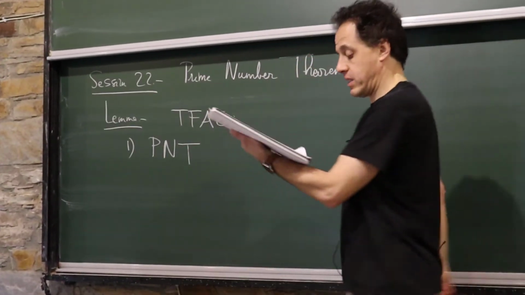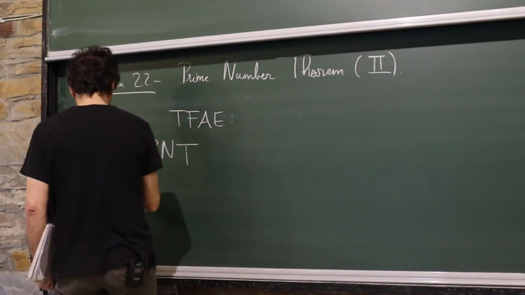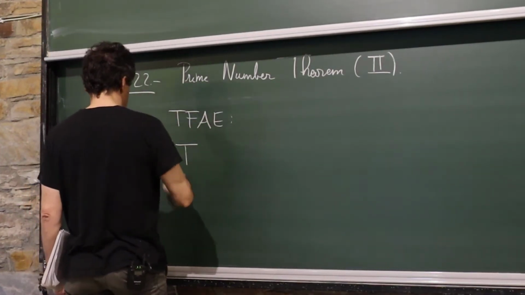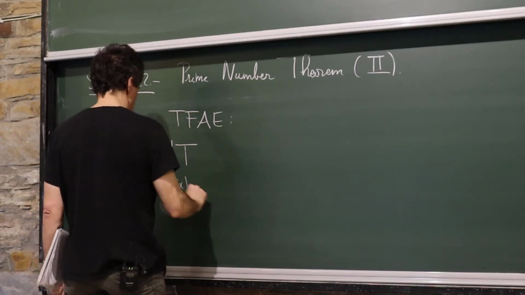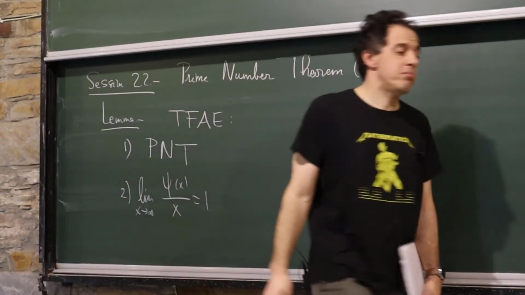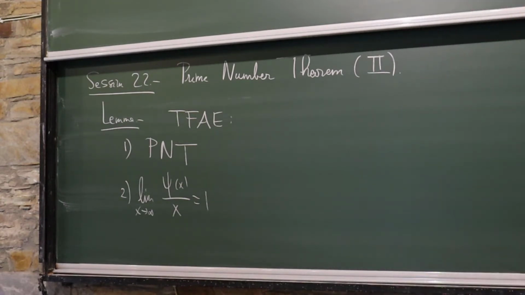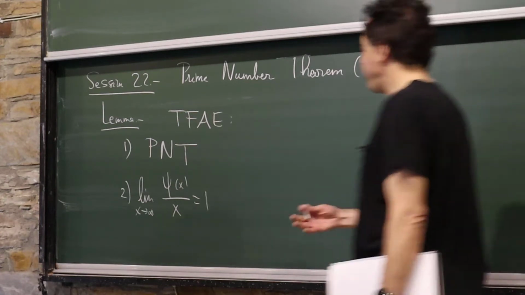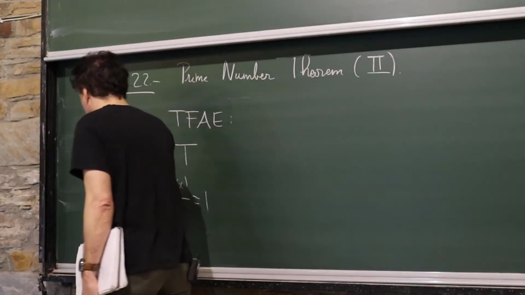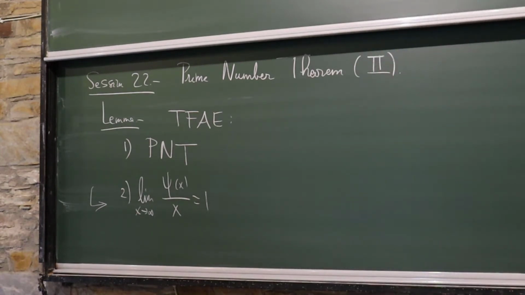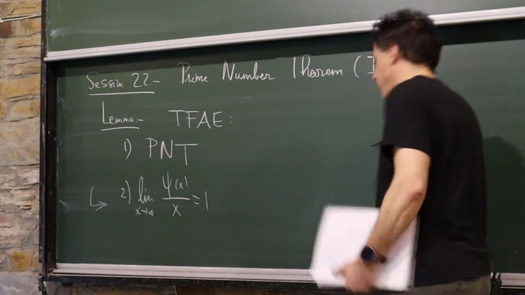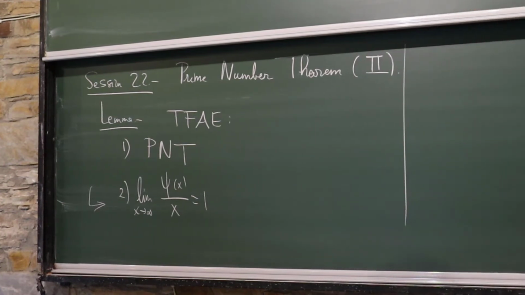And second, that the limit of psi of x over x is equal to 1, or, stated differently, psi of x is equivalent to x at infinity. In fact, at the end we will try to show that this limit holds. Okay.